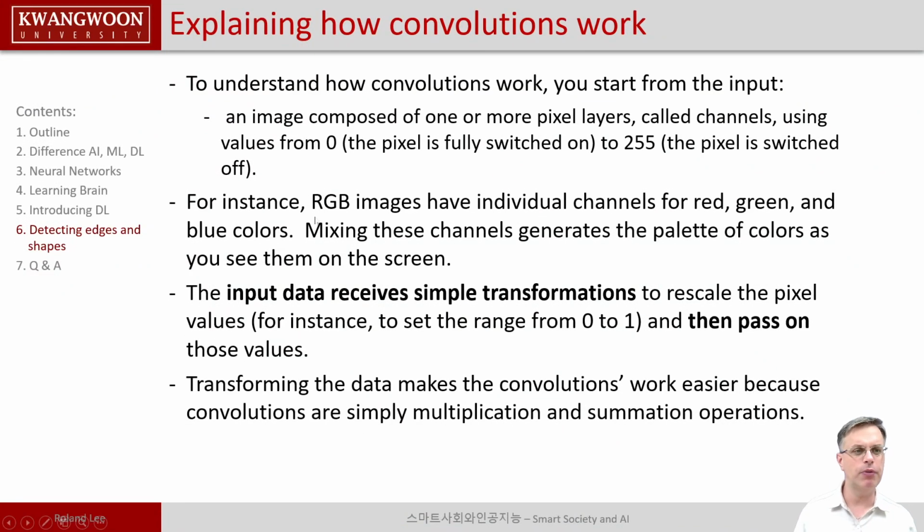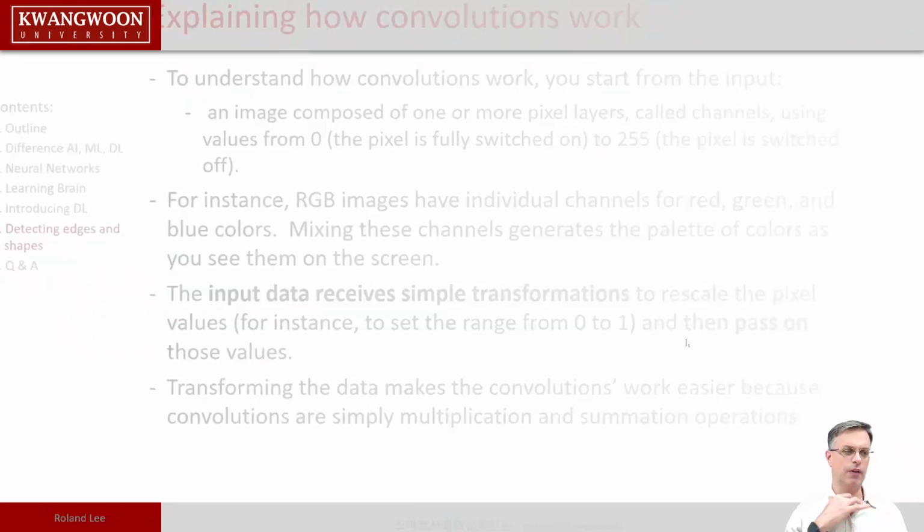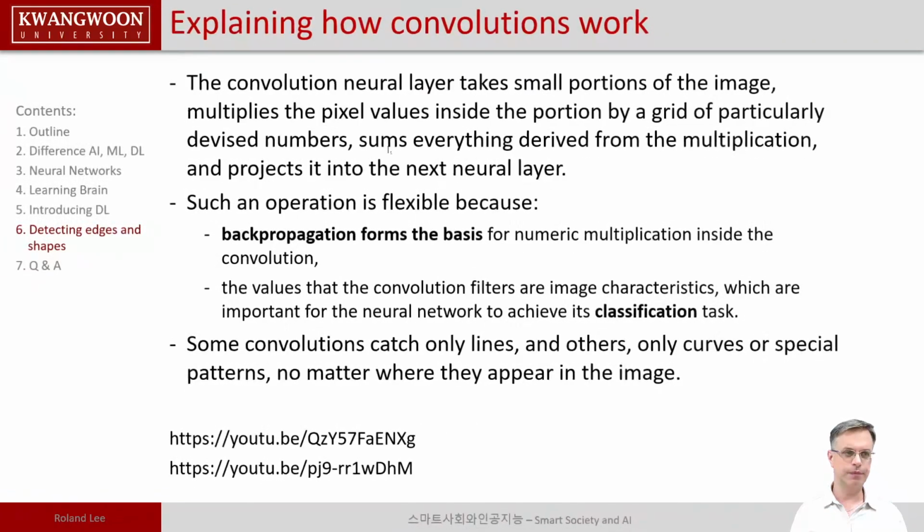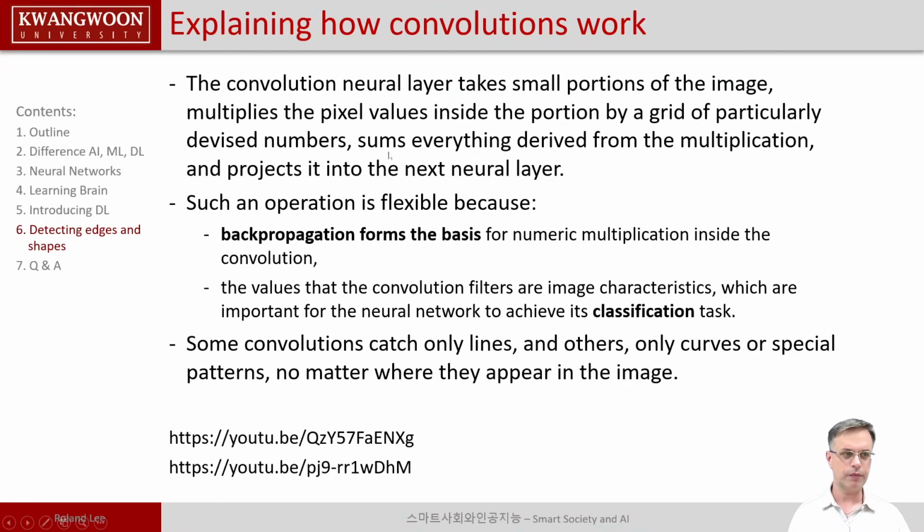As we mentioned before, 0 to 255, and we got the RGB images from that. We also talked about how the input data receives simple transformations and then passes those values. So backpropagation forms the basis of numeric multiplication inside the convolution.